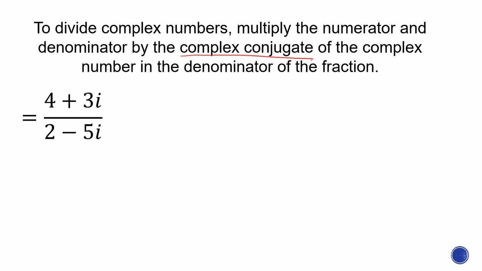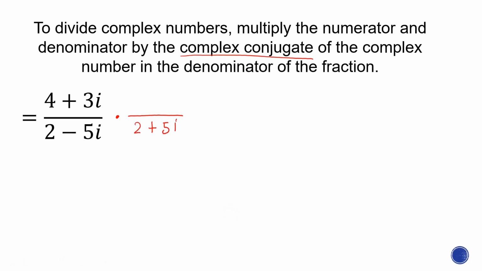When we say complex conjugate, it's just the opposite sign of the imaginary part of the denominator. Meaning the real part stays the same, and we flip the sign of the imaginary part, which means that the complex conjugate of 2 minus 5i is 2 plus 5i.